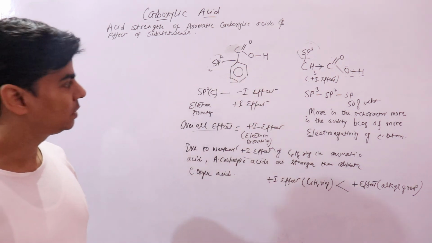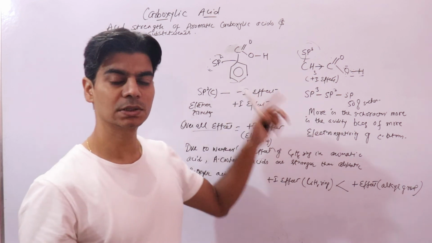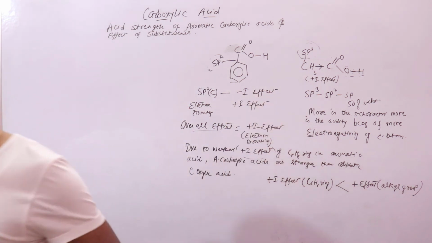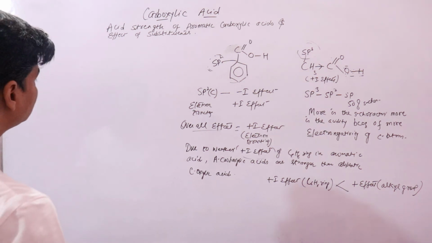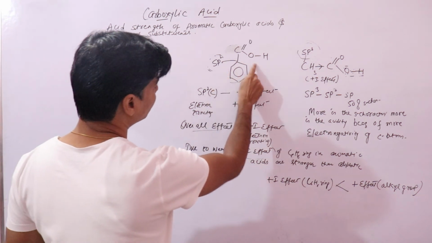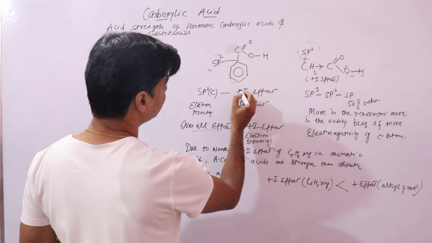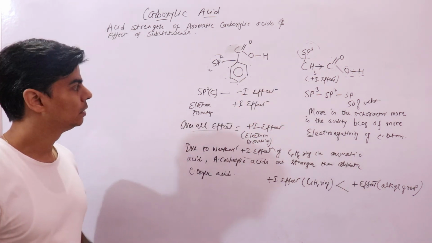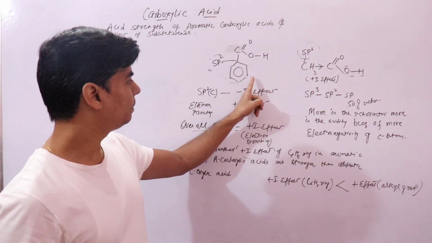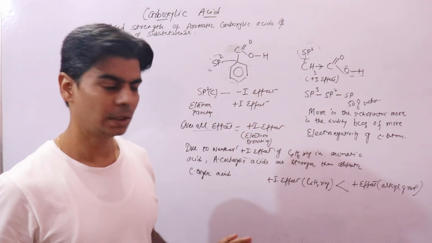Now let's look at this effect of substituents on aromatic carboxylic acids, right? In aromatic carboxylic acids, substituents are present at ortho. These two are ortho positions and this is your para position and this is your meta position, right? Substituents can be at ortho, meta or para position, right?